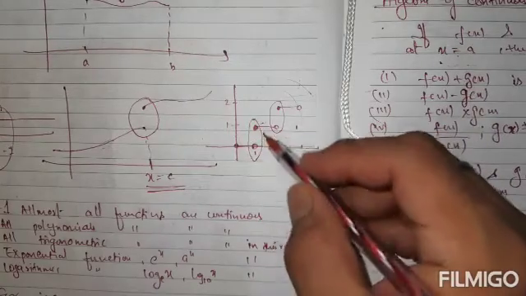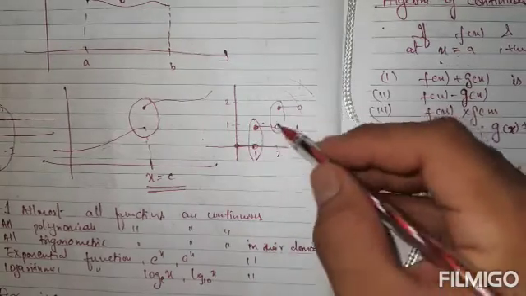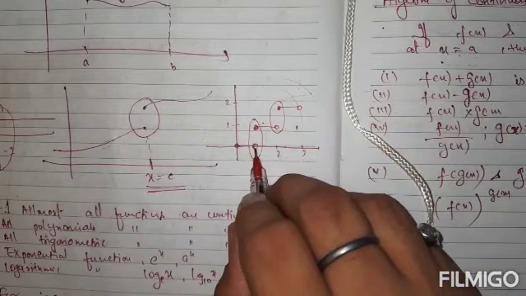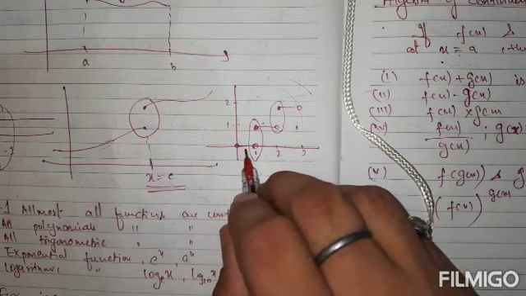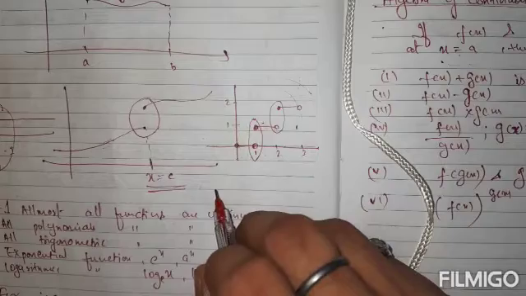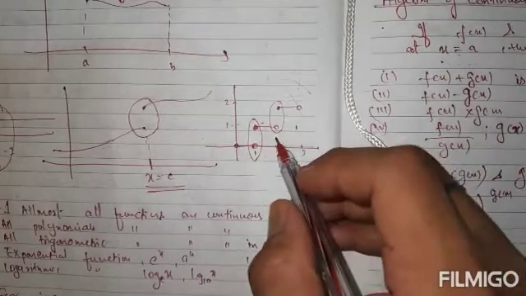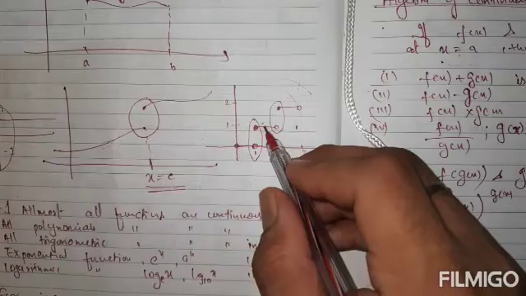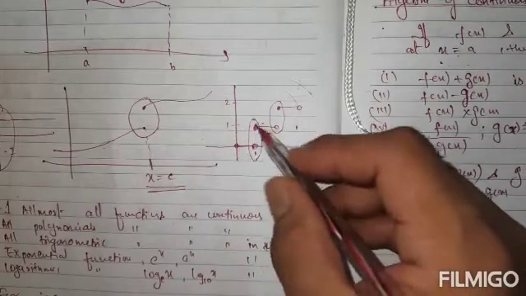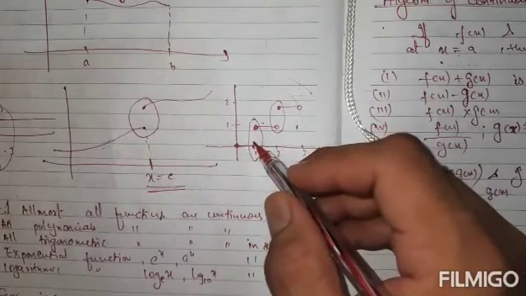So there are gaps in the values of the function. For all x just less than 1, this was the graph the function was following, but for the values of x just greater than 1, this is now the graph the function is following. So there is a gap in the value, so this function is not continuous.